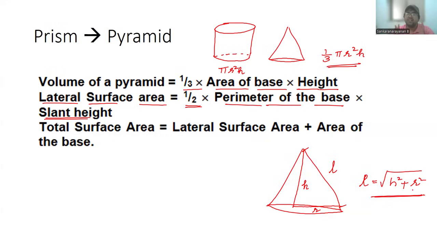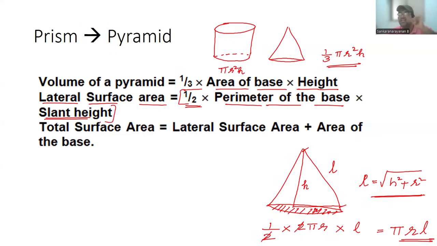As far as a pyramid is concerned, recall the lateral surface area will be half of the base perimeter into slant height. So when we are considering a cone, the lateral surface area of this cone will be half times base perimeter, which is 2 pi r, multiplied with the slant height, that is L. So this simplifies, and the formula will be pi r L. All you need to do is remember this basic formula: half the base perimeter into the slant height.